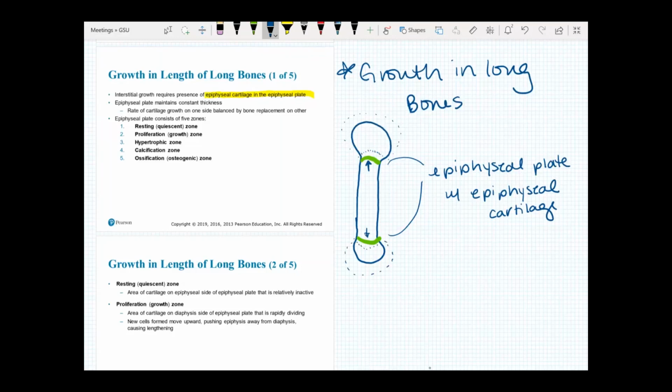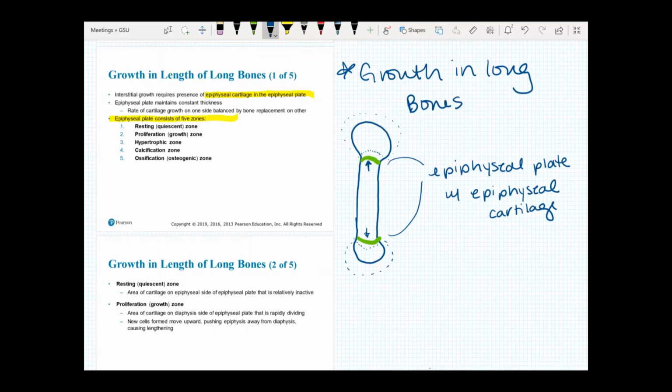So how does it do that? There are 5 zones to the epiphyseal plate. As we're looking at this overall picture with these 5 zones, the first zone is going to be the resting or the quiescent zone, and the last zone is going to be the ossification zone.